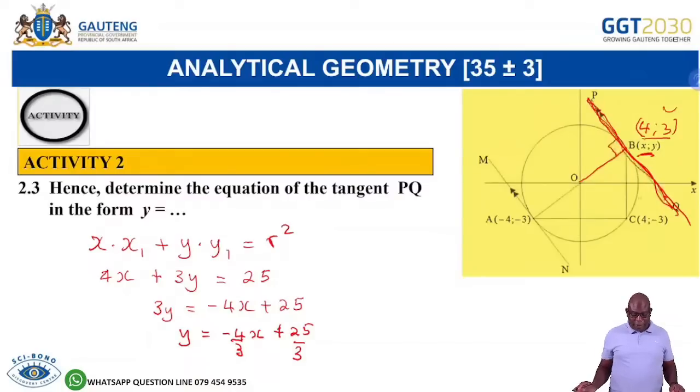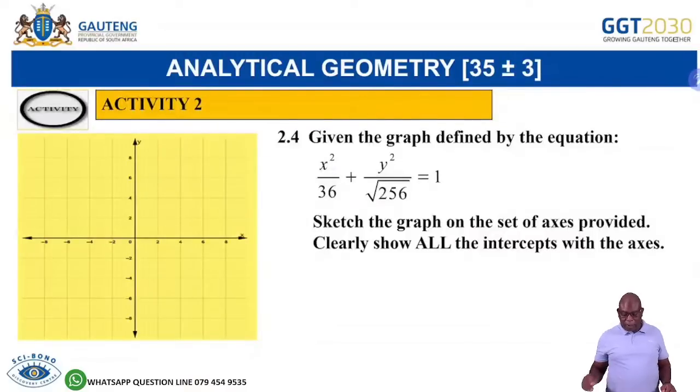Now, moving right along, still on question 2, analytical geometry. This is quite interesting. Look at this. Given the graph defined by the equation x squared over 36.